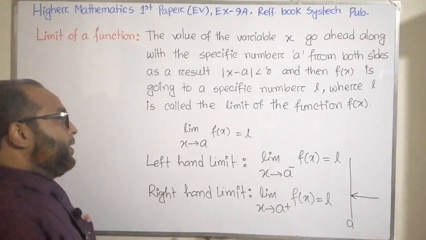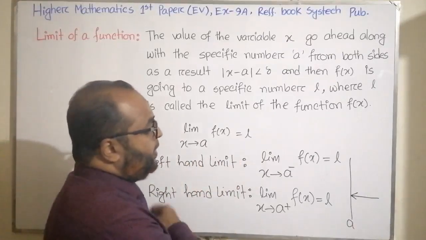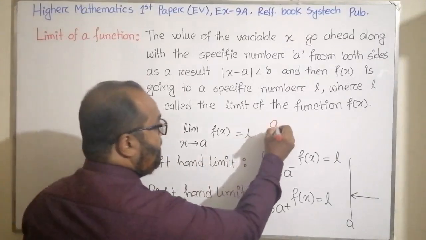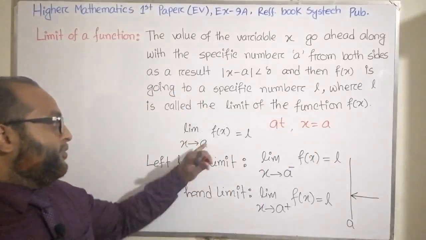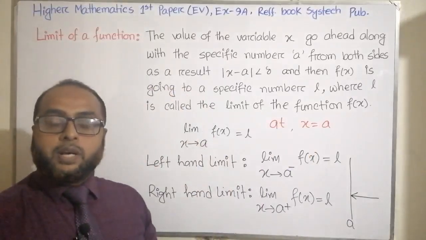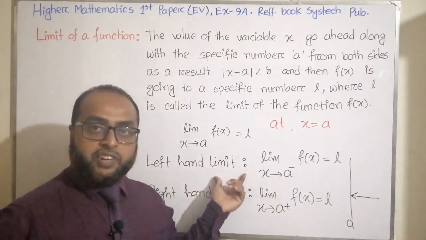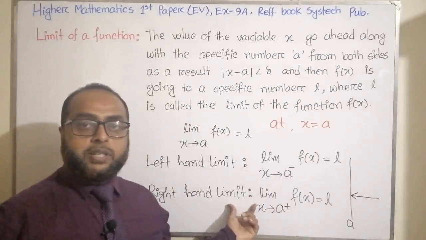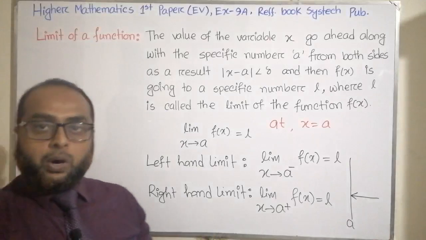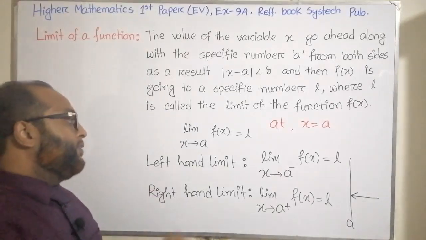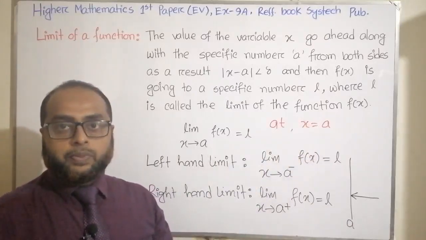At x equal to a, we say that the function f of x is continuous if the value of left hand limit, right hand limit and functional value at a are equal, then we say that f of x is continuous at a.